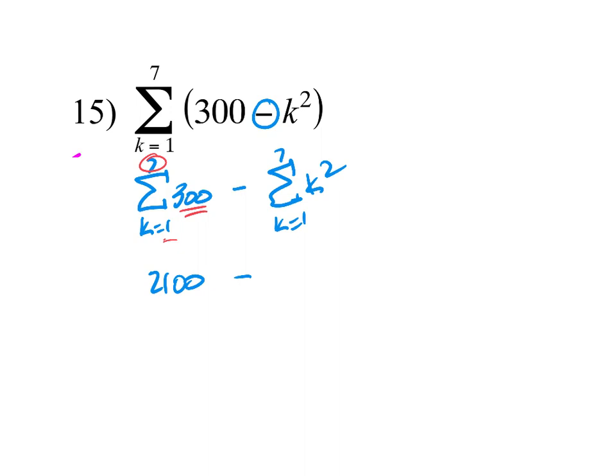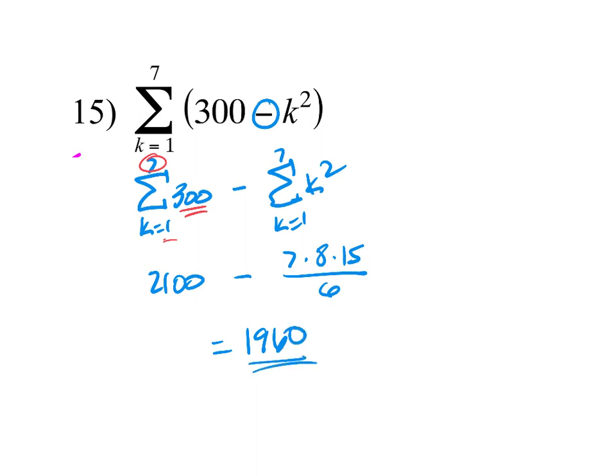The formula is n, which is 7, times n plus 1, which is 8, times 2n plus 1, which is 15, divided by 6. And when you do 2100 minus 7 times 8 times 15 divided by 6, I just crank that out of my calculator and I get 1,960.